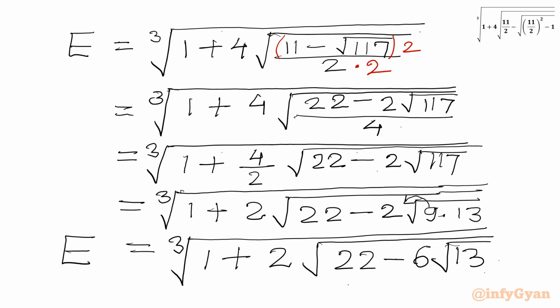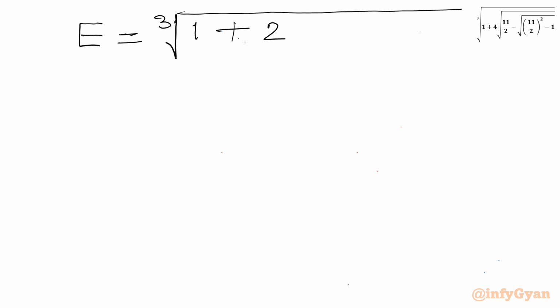Now I will consider 22 minus 6 root 13. Let me write here E equal to cube root of 1 plus 2 times square root of 22 minus 6 square root 13.